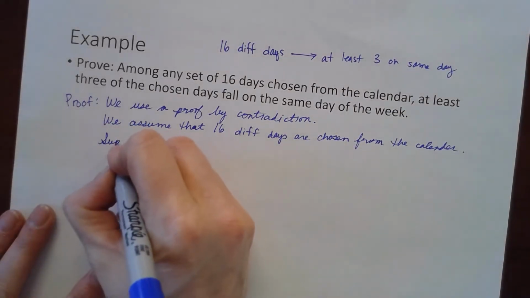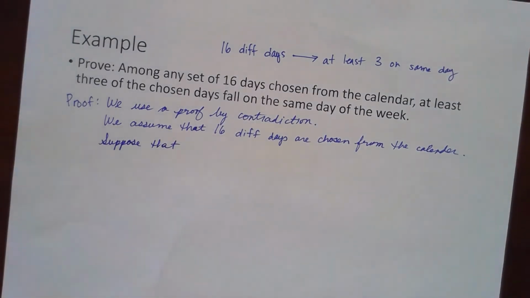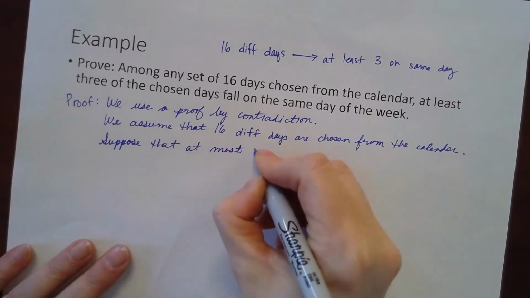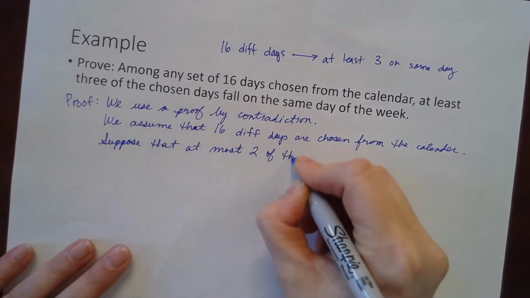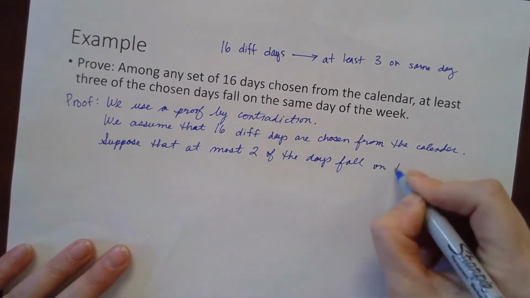Well, what's the opposite of at least 3 are on the same day? Less than 3, so at most 2. So suppose that at most 2 of the days fall on the same day of the week.